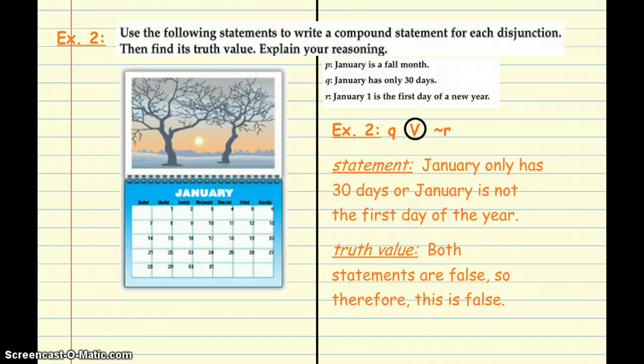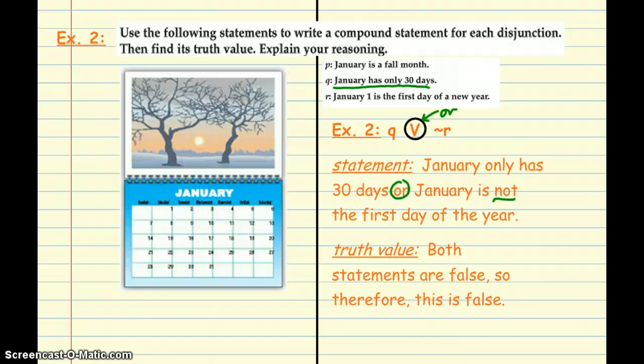Example 2. Same thing. We're going to write a compound statement, find its truth value, and then explain what we're doing. We've got statement Q, upside down V meaning or, not R. Our statement is Q, so we use exactly what we see here: January has only 30 days, and then not R. If R is January is the first day of the new year, then we say January is not the first day of the new year.